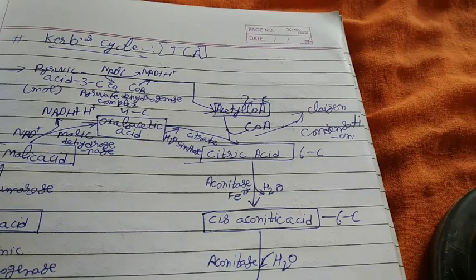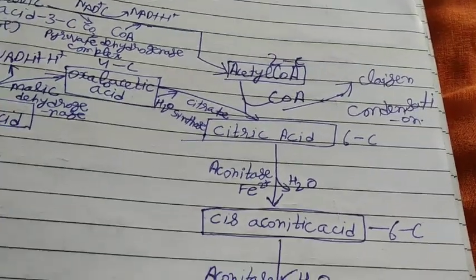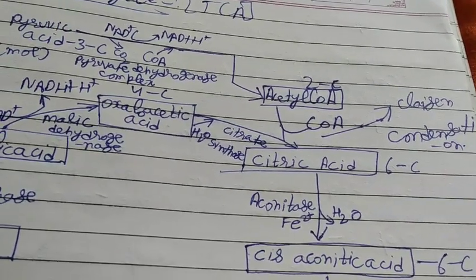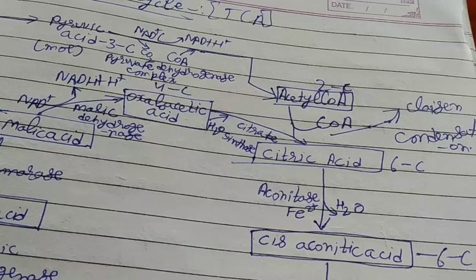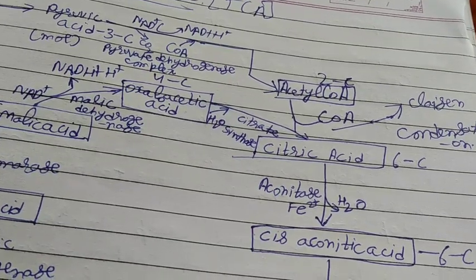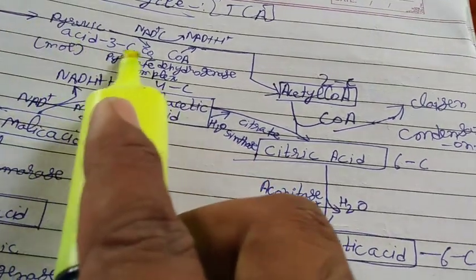So the first one: this is starting from pyruvic acid. I zoomed the camera to this pyruvic acid, and from this point the cycle starts.